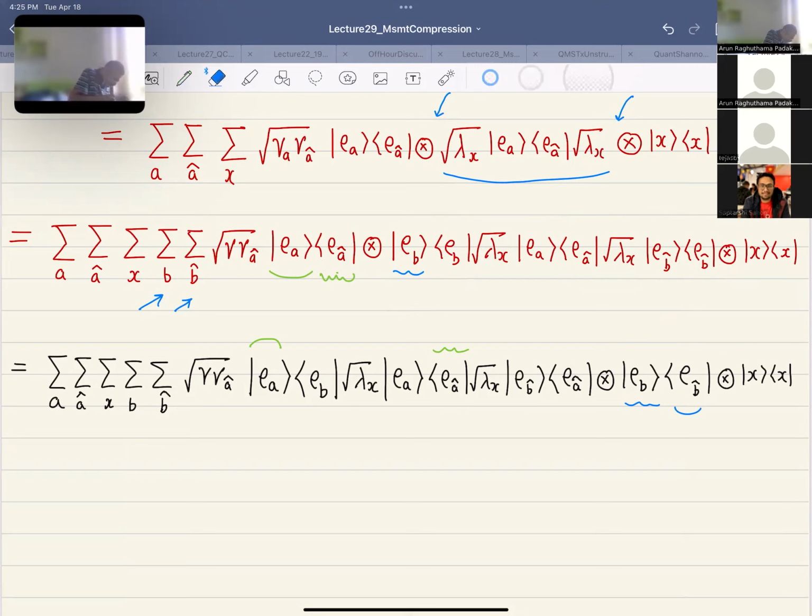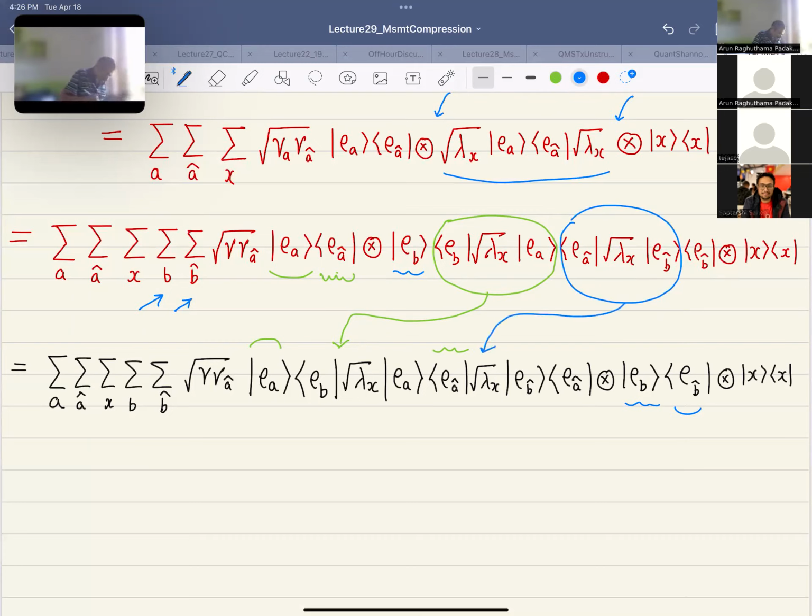The only thing that has happened is this whole thing has come here, and this whole thing has come right beside here. So between this and this, the two scalars have come. The two scalars have come here. Okay, that's essentially what has happened.